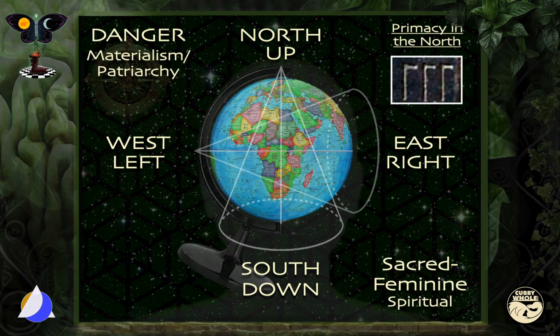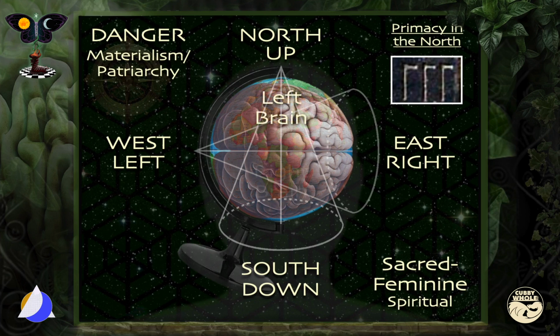Now, the danger of orienting the mind and brain west to east or east to west, what happens is the material mind, the masculine, rises over the spirit, over the sacred feminine, the spiritual, which is a solar doctrine, including the Abrahamic religions that I talked about earlier, which is a corruption of the early solar mythology. It's a corruption of that solar doctrine.